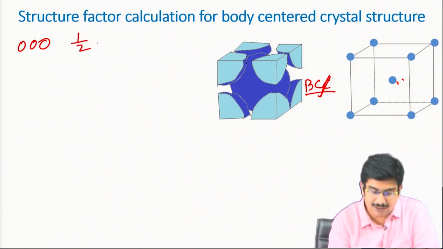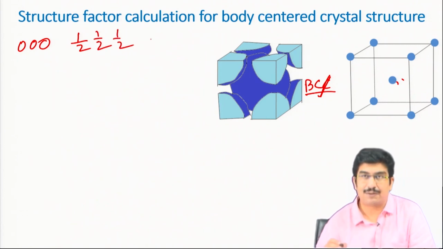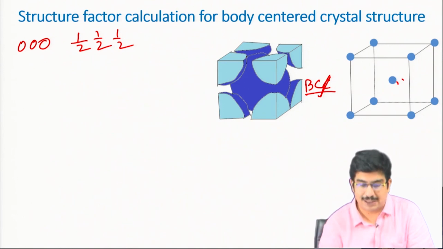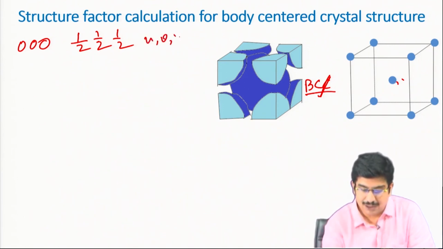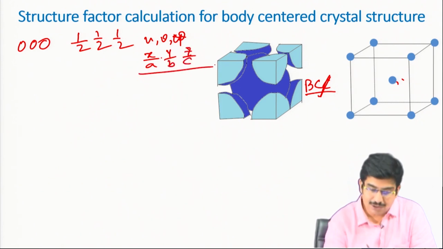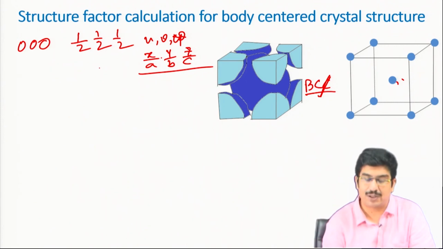We can write that position in terms of fractional coordinates. If you remember, UVW is nothing but x by a, y by b and z by c, the fractional coordinates. In the same way, we write the fractional coordinates of that position as half, half, half.